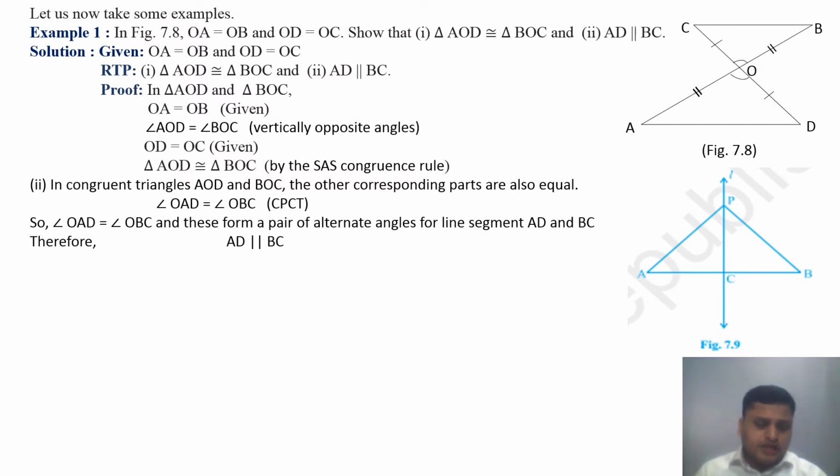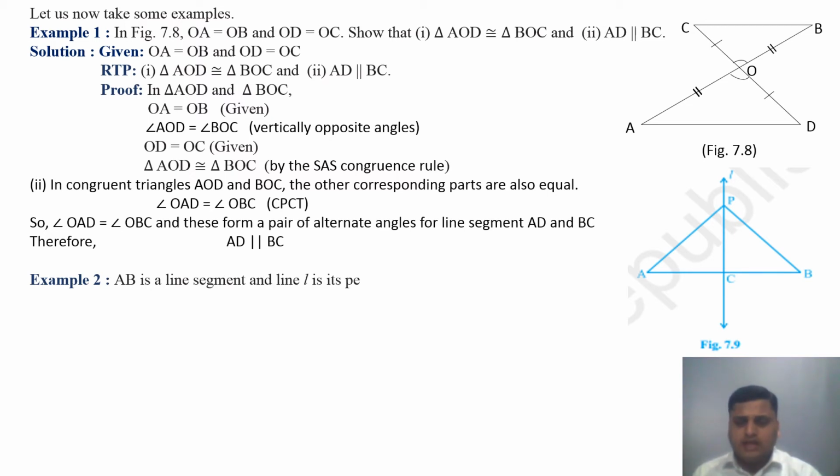This question, let's take another example. It will be more clear. In this figure, AB is a line segment and there is a line L which is the perpendicular bisector of AB.